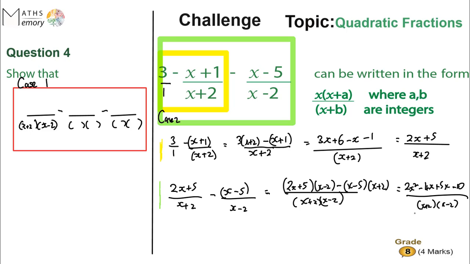We haven't got space here, so I'm going to write over here minus open brackets x squared plus 2x rather, plus 2x minus 5x minus 10, all over again x plus 2, x minus 2.